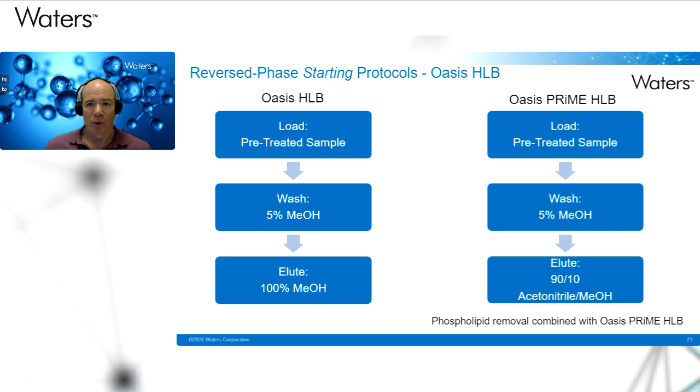Our starting protocol with reverse phase is usually a low organic wash, 5% methanol, to make sure we're not washing our compound off the sorbent, and then an elution in high organic. In the case of HLB, the starting point is methanol. For Prime HLB, it's acetonitrile and methanol.